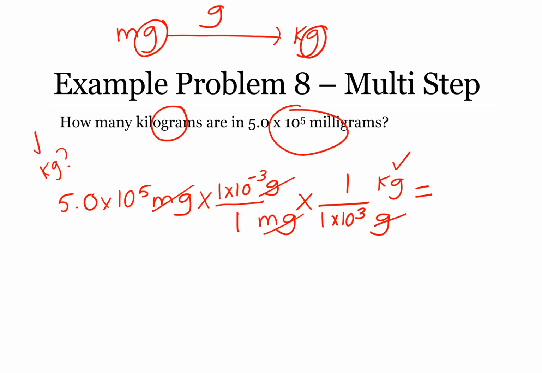problem asks us for. So in our calculators, we're now ready to type 5.0 times 10 to the 5th.